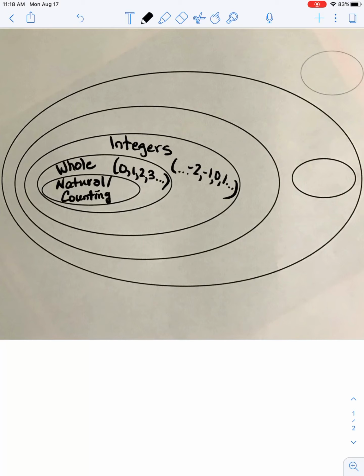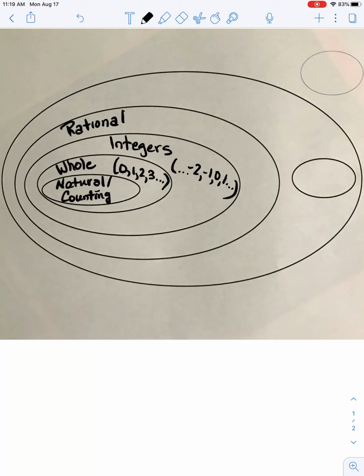Okay, what are fractions? Fractions are a ratio between two numbers, actually two integers. And so that is how rational numbers came to be. And rational numbers fill in all the gaps between integers, okay? So now you don't just go from 1 to 2. You can have a half. You can have a third.